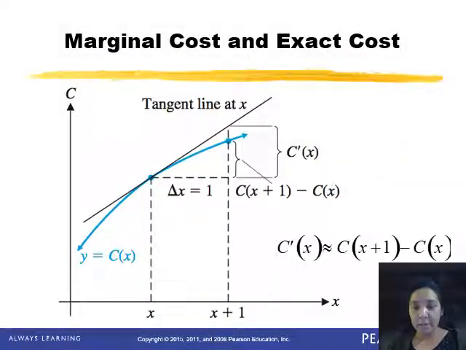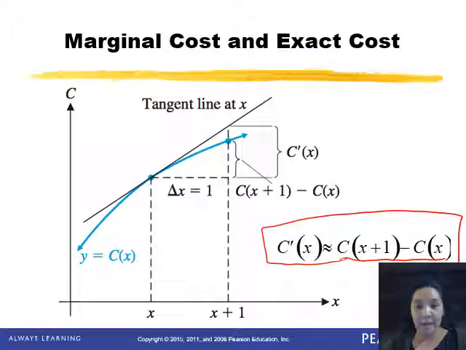So here we see a marginal cost and the exact cost, and we have this approximate derivative here of the exact cost. And here is our function in blue, and notice we have the tangent line at delta x, and here we have this next point following here, and that is our exact cost.